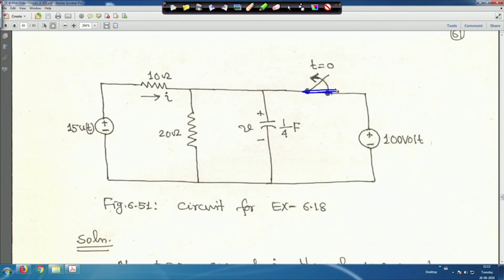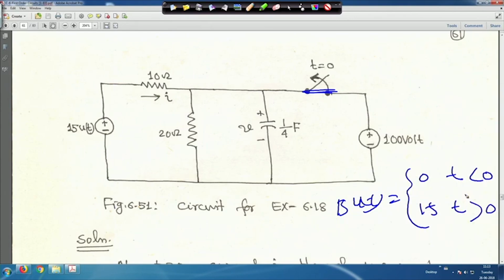So for t less than 0, 15 u(t) is 0 and it is 15 for t greater than 0. That means this 15 u(t) voltage source is becoming 0, so it will be like this.